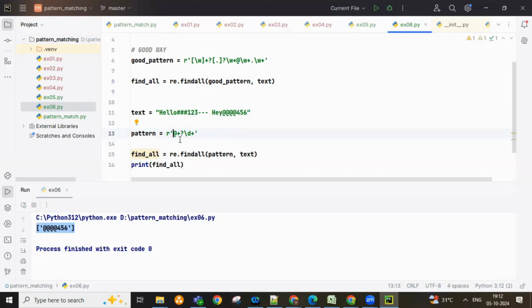So there is something called OR also. Once again, let me try that. What we can do is hash. This is what I need. It can be one or more repetitions, optional. And if I put pipe here, it means that one or this one. Let's try.